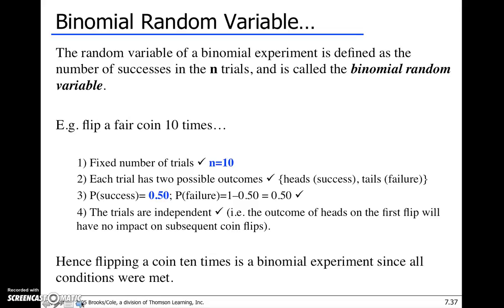Probability of success is 0.5, probability of failure is 1 minus 0.5, which is also 0.5. Check. The trials are independent. The outcome of heads on the first flip will have no impact on subsequent coin flips. Check. So all 4 are checked out. Hence, flipping a coin 10 times is a binomial experiment since all conditions were met.